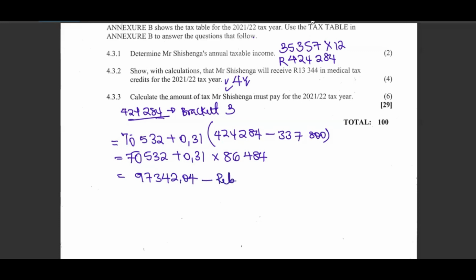Minus the rebate, this one is for primary, which is 15,714. So for each month, the first one will be 6,002 rands 34 cents. Thank you very much.